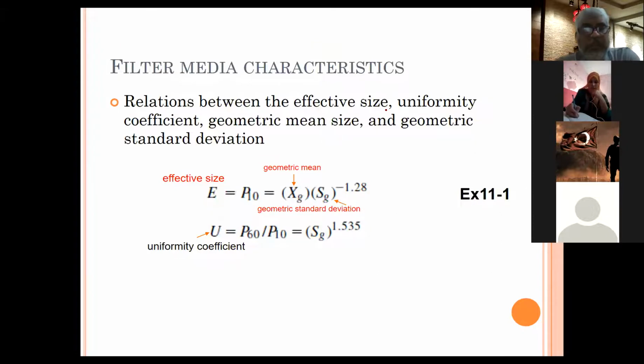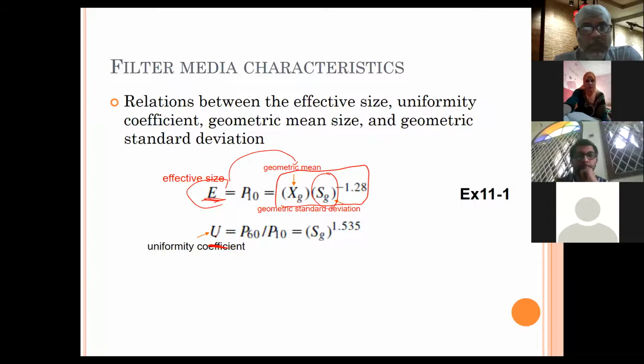Both effective size and uniformity coefficient have some relationship with the geometric mean and geometric standard deviation, using this equation. If you know the geometric mean and geometric standard deviation, you can find the effective size. Also, the uniformity coefficient has some relation with the geometric standard deviation, SG.